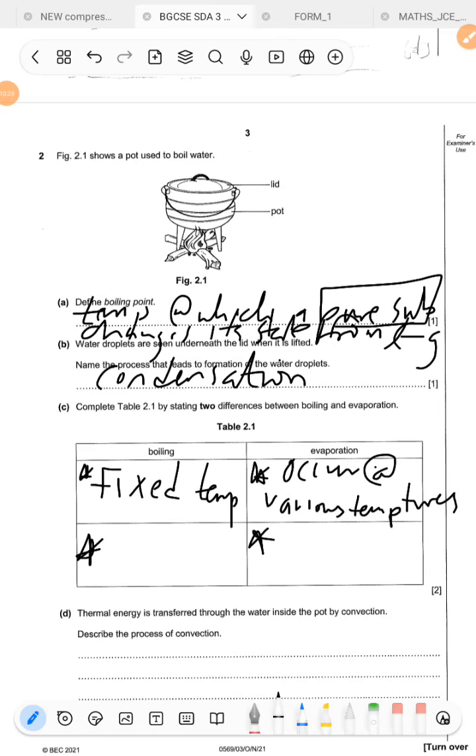Now the question is, where does boiling versus evaporation occur? Where does it occur when you're looking at a liquid? When you're looking at a liquid, boiling occurs throughout the liquid. So this process happens through the entire liquid. This is why when the water is boiling, you see the water bubbling like that. It's because that process is occurring throughout that liquid.